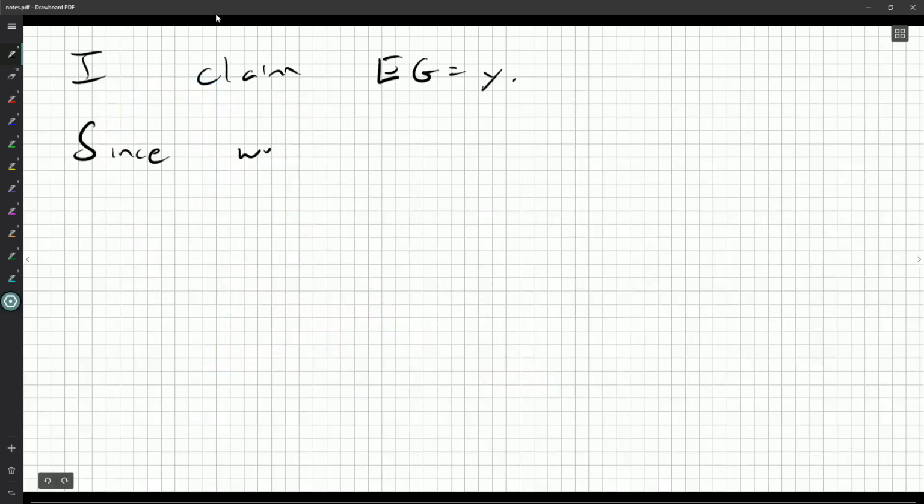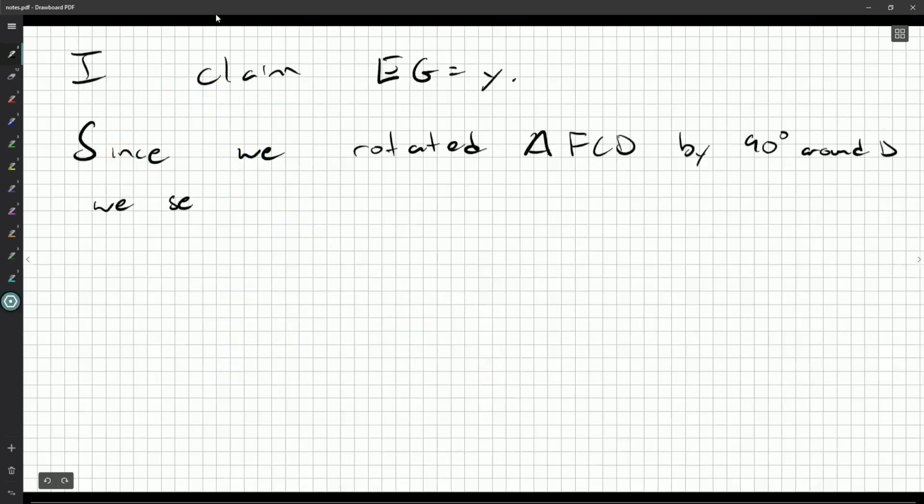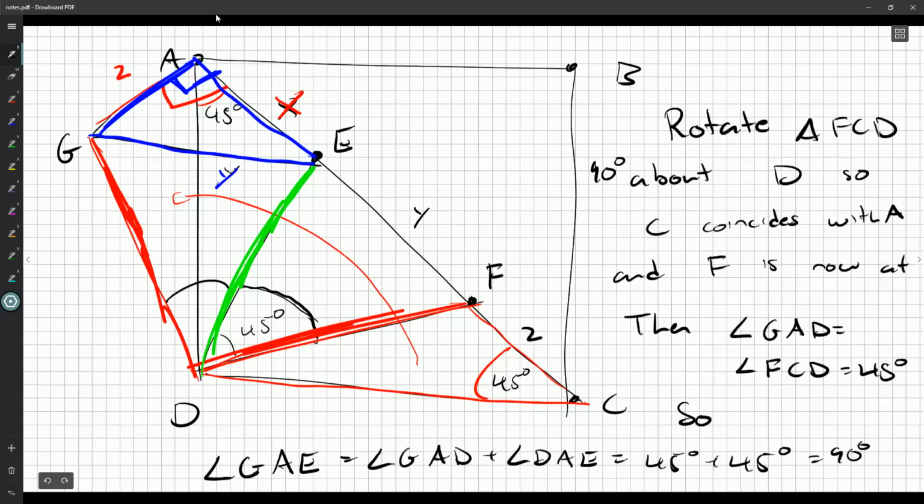Since we rotated triangle FCD by 90 degrees around D, we can see that, I'll use purple, this purple line must have moved 90 degrees in space.